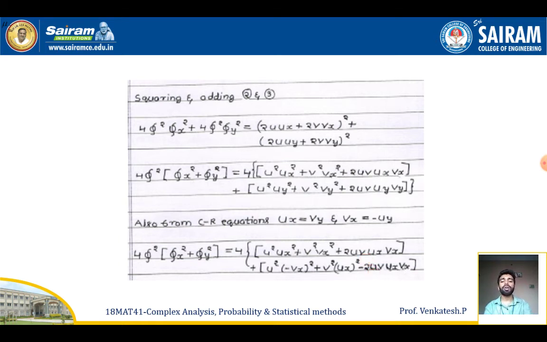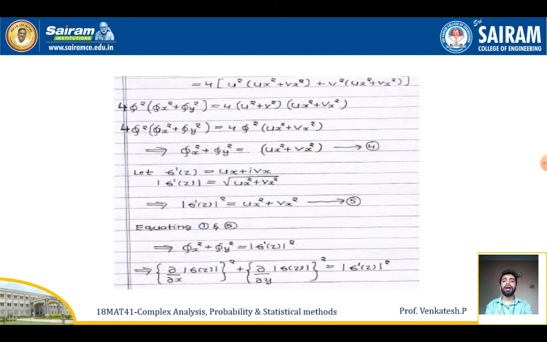So I'll be getting 4 pi square into pi x square plus pi y square is equal to, I can take u square common there, u square into ux square plus vx square plus v square into ux square plus vx square. I'll be having 4 pi square pi x square plus pi y square is equal to 4 times u square plus v square times ux square plus vx square.